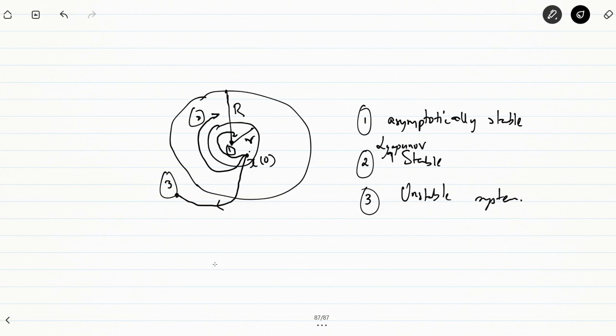So the next definition refers to the asymptotic stability of a system.